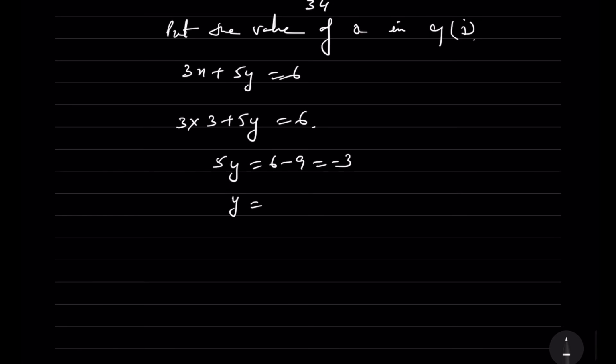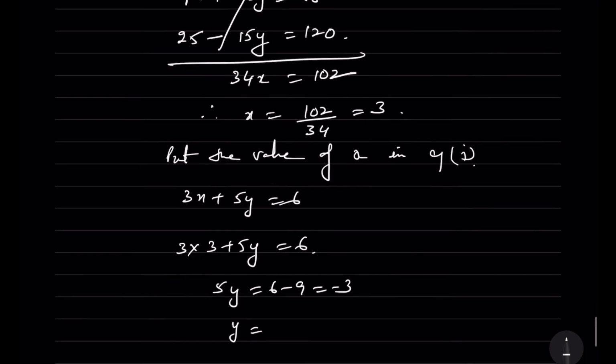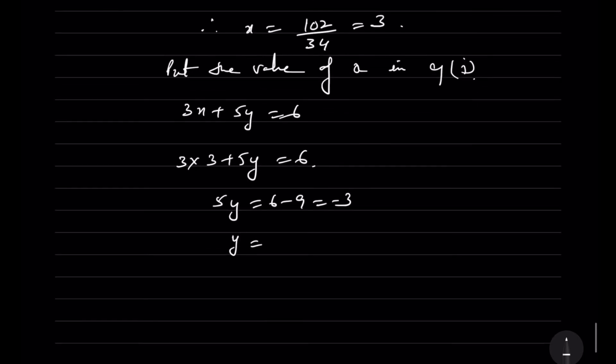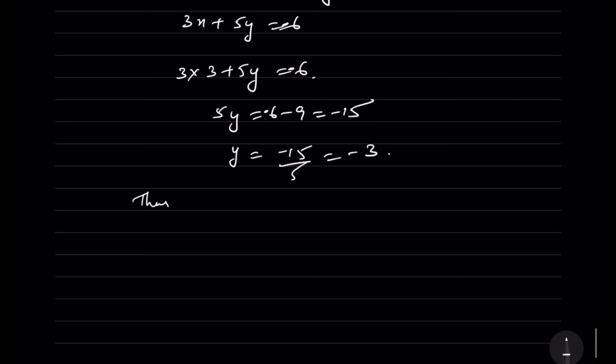Y is equal to minus 15 by 5, which is equal to minus 3. Thus, the values of x and y are 3 and minus 3 respectively.